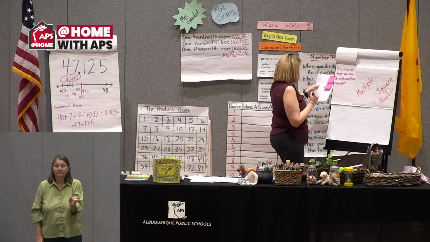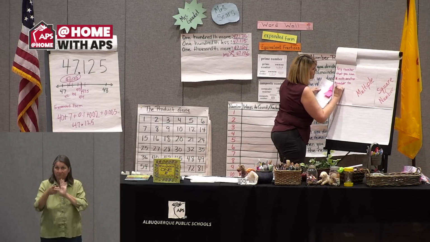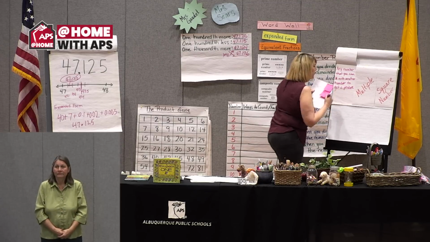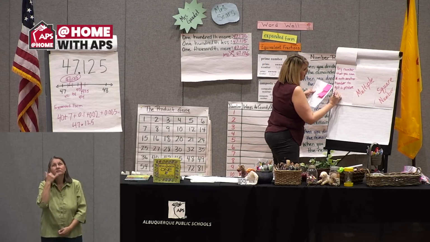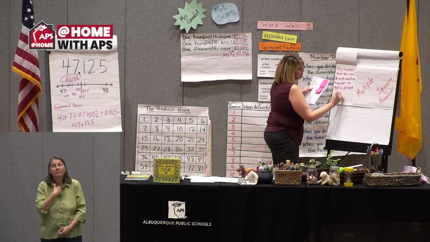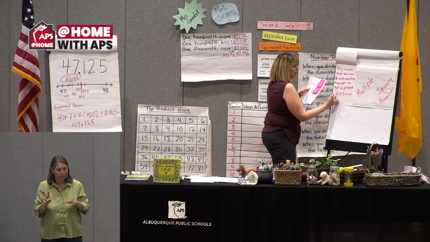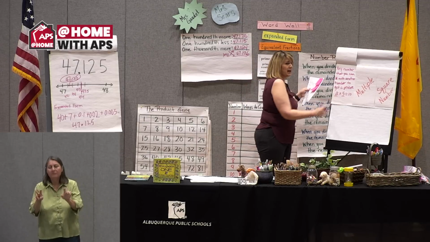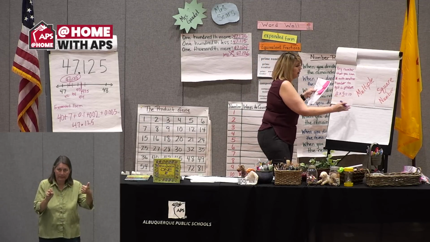Okay, and that will make a product, to get a product. So if I were going to be talking about factors with 10, I might say that 2 times 5 gets me 10. That 2 and that 5 are both factors of 10 because when I multiply them together, I get the product of 10. Okay?